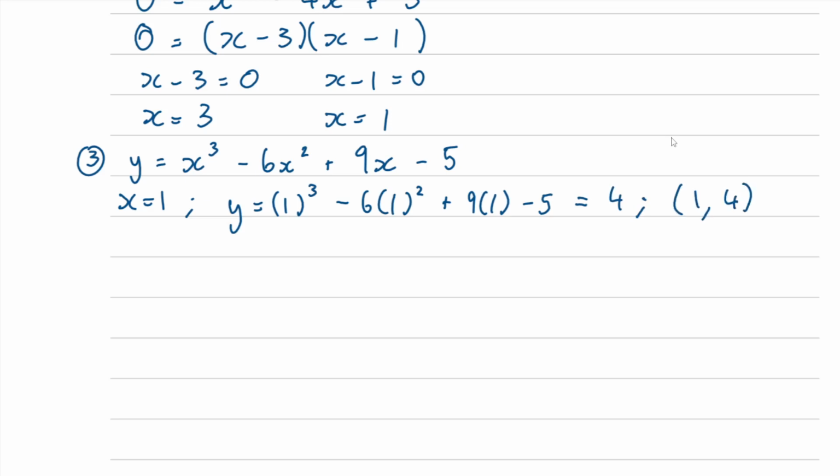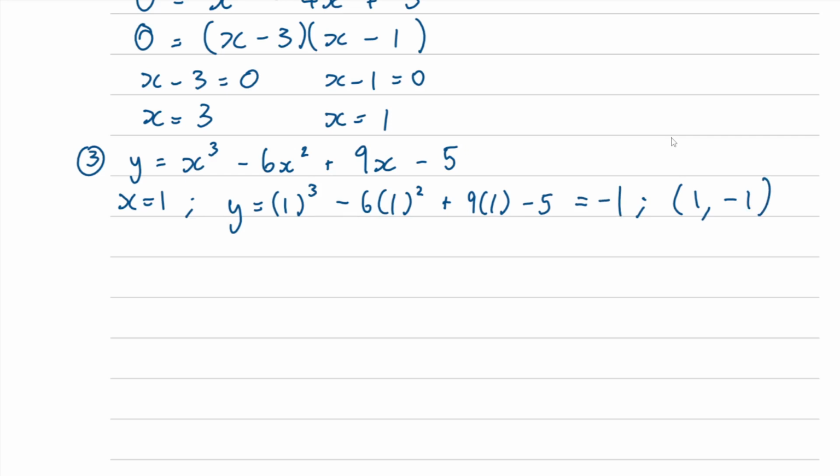I think. Or is my maths wrong? My maths feels wrong. 1 minus 6 minus 5. Oh, I forgot to minus 5. Good thing I double checked. So that would be minus 1. So we have a turning point at 1, minus 1.